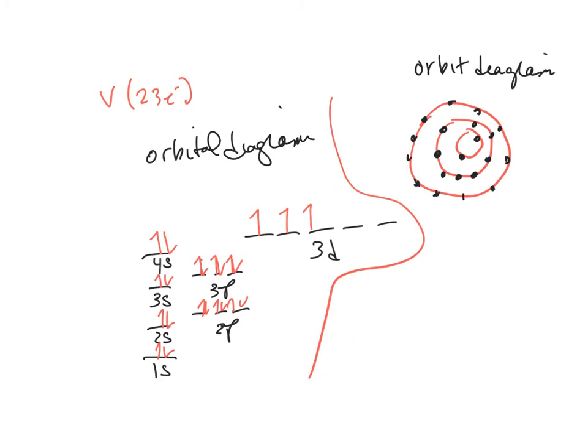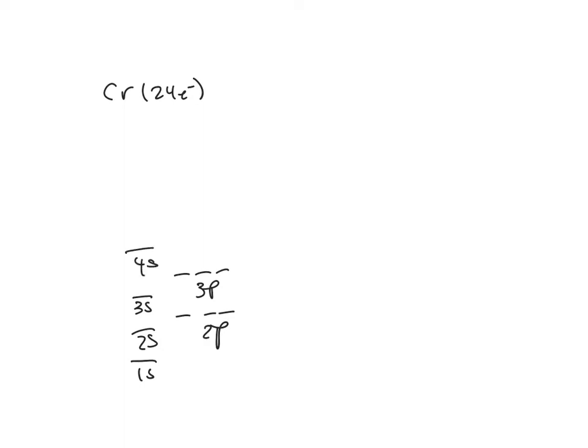And the next part. So chromium has 24 electrons. You're going to have 1s, 2s, 2p, 3s, 3p, 4s, 1, 2, 3, 4, 5, 3d.